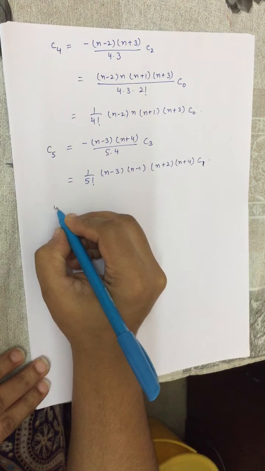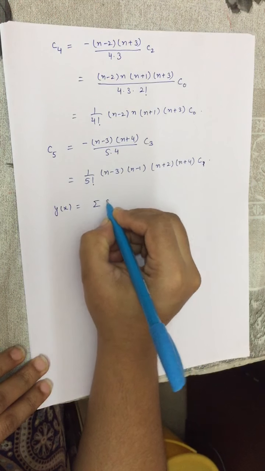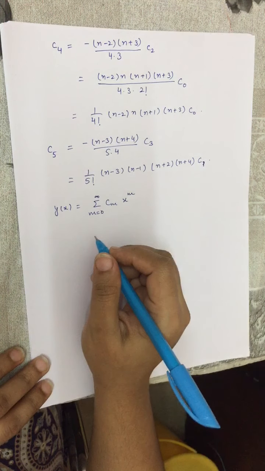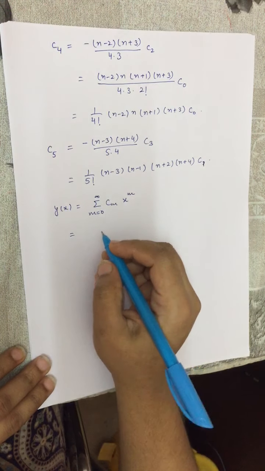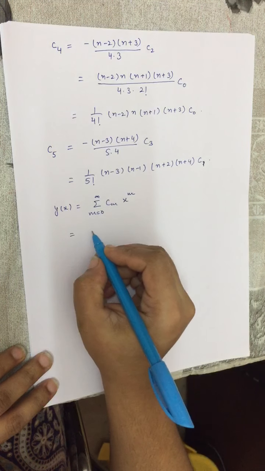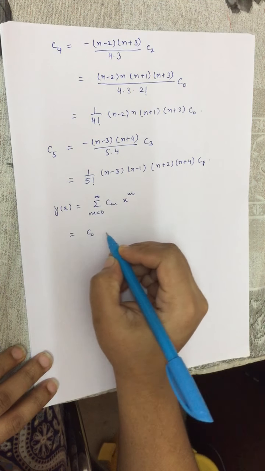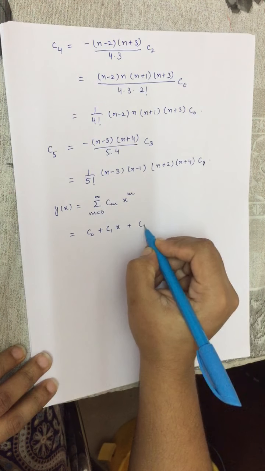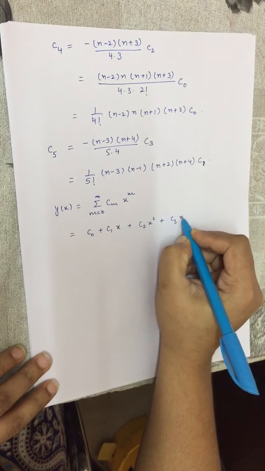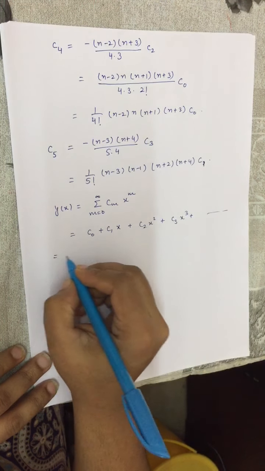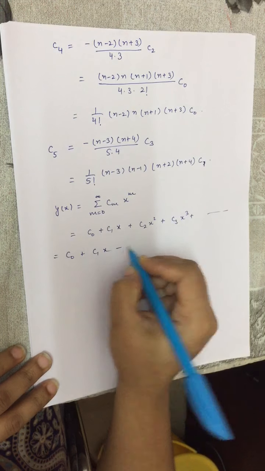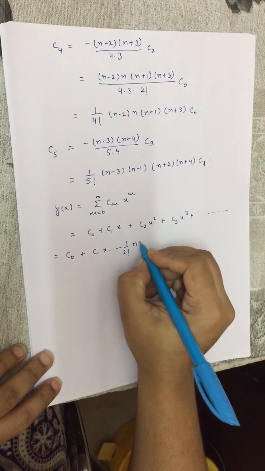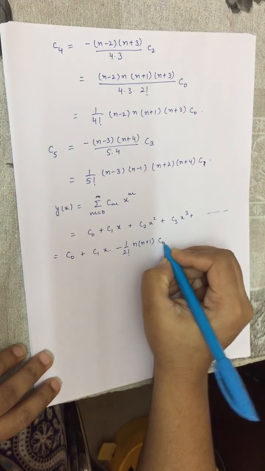Now our solution was y(x) equals summation Cm x^m from 0 to infinity. So we put the values of Cm here. So that will be C0 + C1 x + C2 x square + C3 x cube and so on. Now putting the value of C2 here, that will be 1 by 2 factorial (n+1) C0.